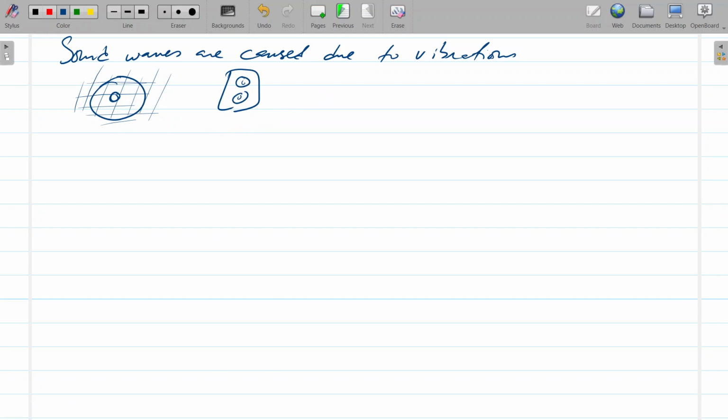Right, and so what happens is the diaphragm, if this is like a side view of the diaphragm, it moves forward, so it sort of bulges out, and what that does is it pushes the air closer, so that causes a compression.